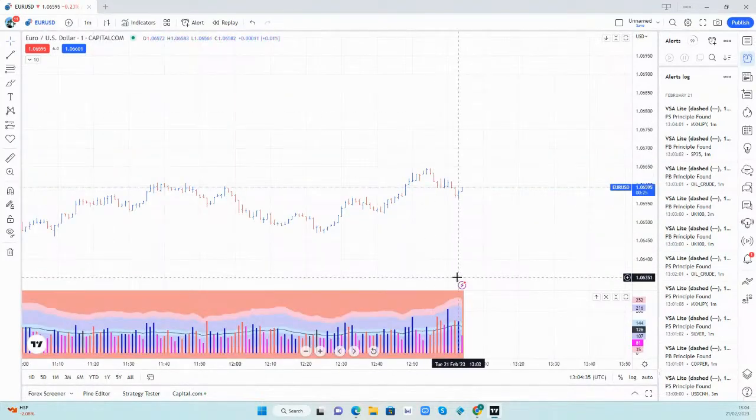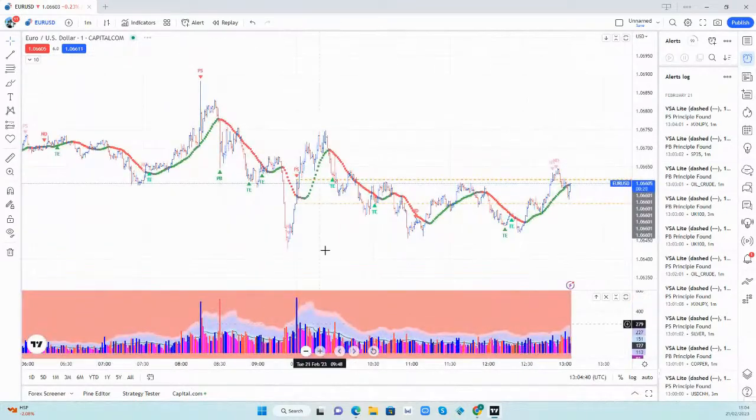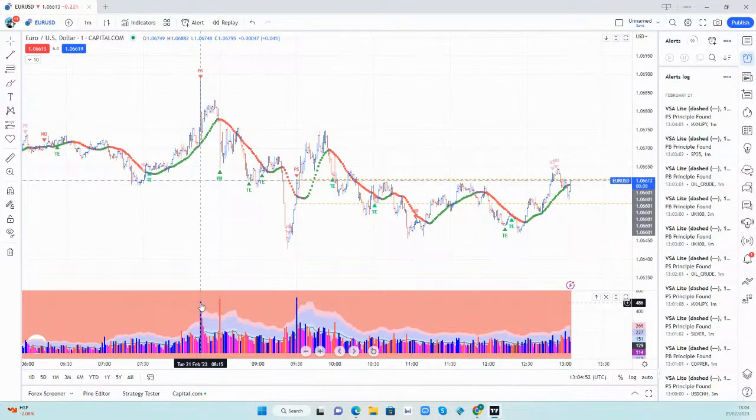Let's have a look at the 1 minute chart. Currently, on the 1 minute chart, as you can see, the general trend, the professionals have definitely been selling there, with quite a decent volume at around 8:15 this morning, which is around 8:45 in Europe zone.